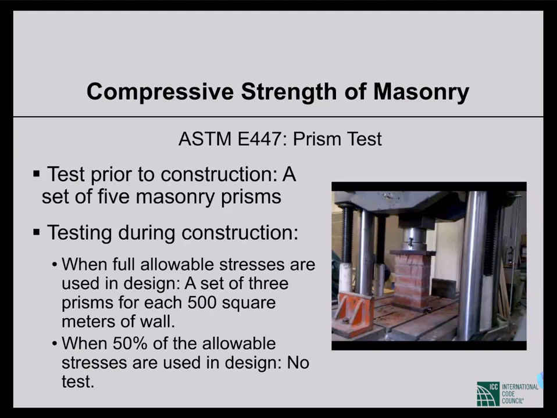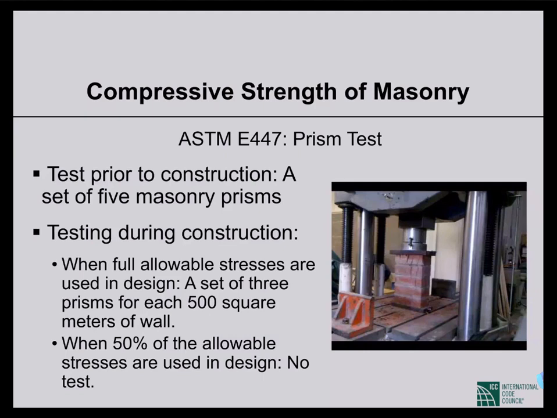For testing during construction, we have to use at least 3 sets of prisms for every 500 square meters of wall. But if the design strength that is considered in design is 50% of the allowable stresses, then no test is required.